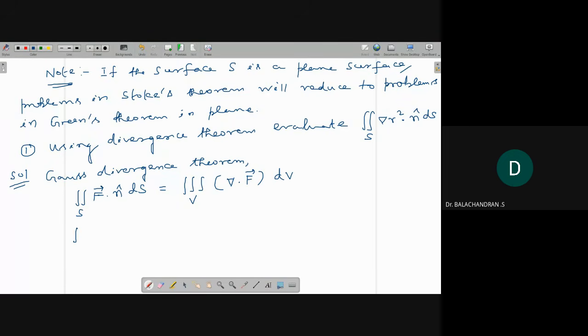So now double integral over S of del r square dot n cap into dS is equal to triple integral over V of del dot F vector, where F vector is del r square, into dV.